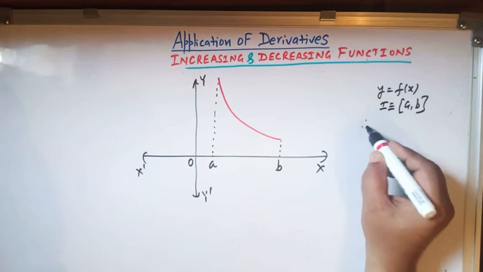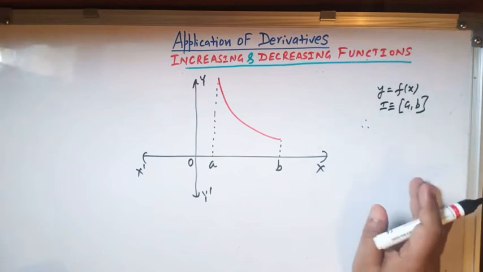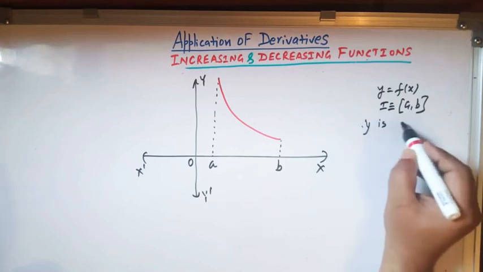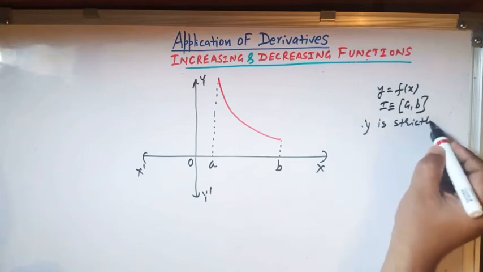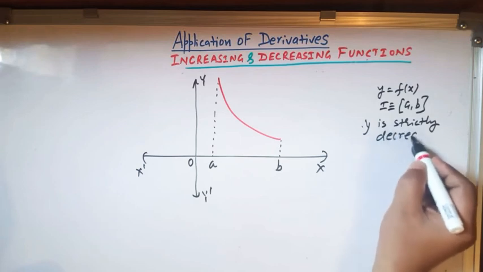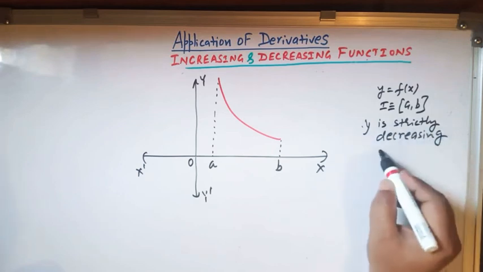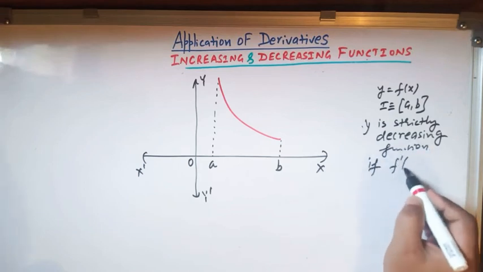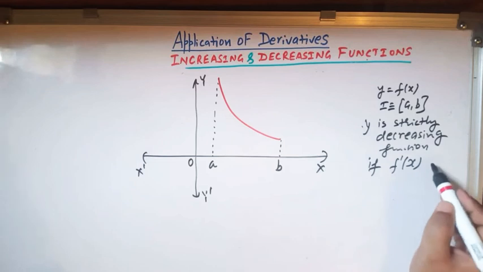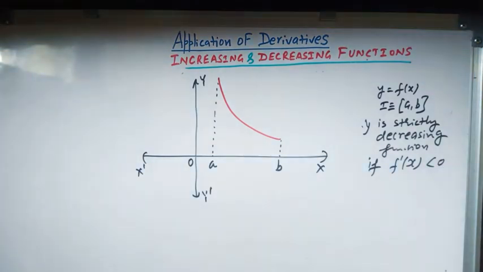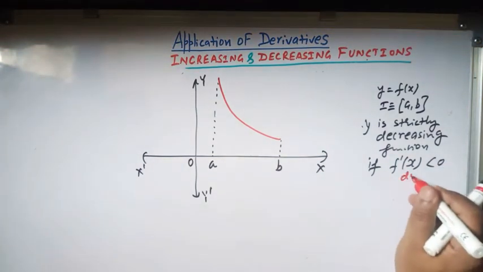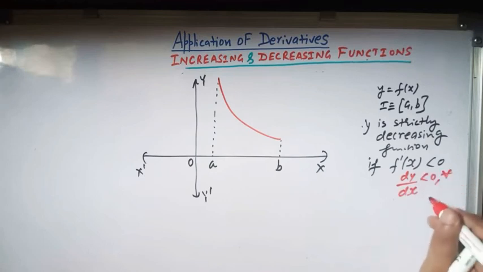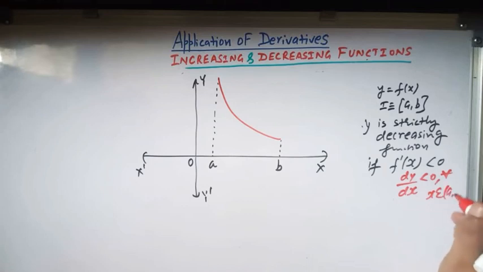So we have just discussed that y is a strictly decreasing function if the derivative of f is less than 0, or dy over dx is less than 0 for all x belonging to a comma b.